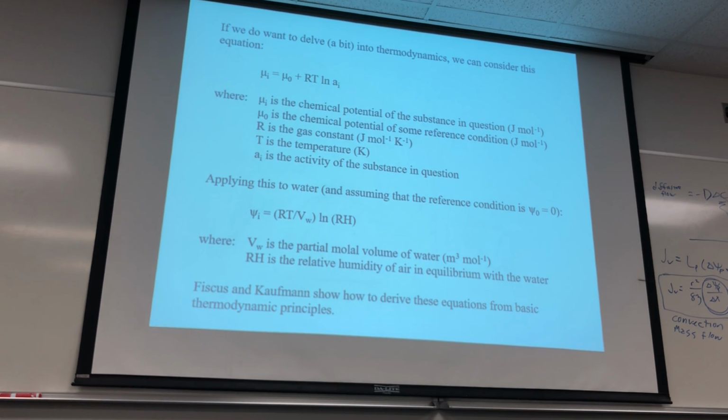So if we have the inside of a leaf here with a cell with chloroplast that's doing photosynthesis, we have CO2 moving this way into that cell.